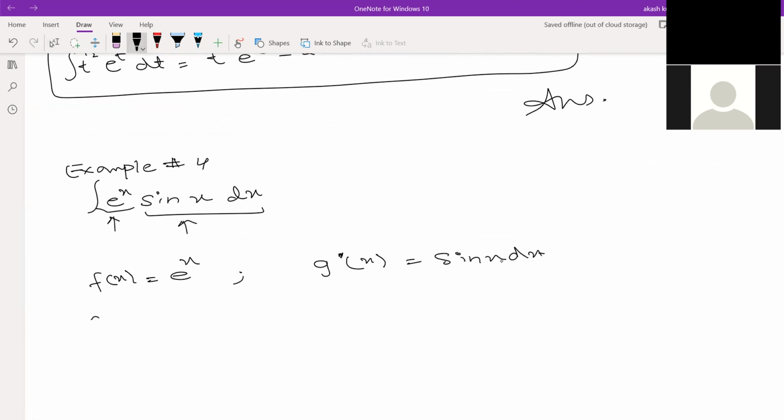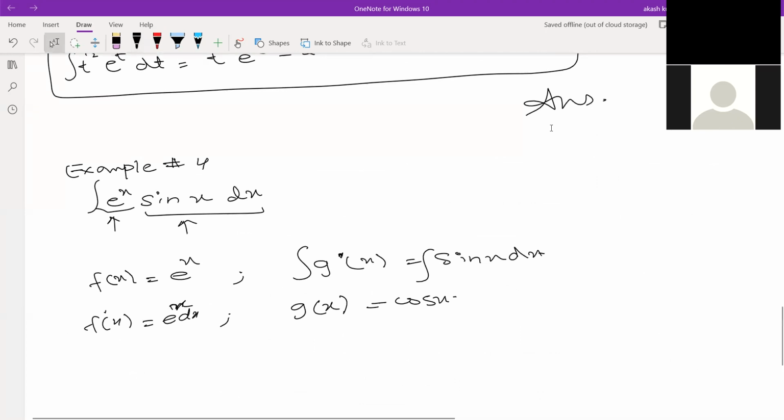So f dash of x becomes e^x dx, and the integral of sin x is minus cosine x.